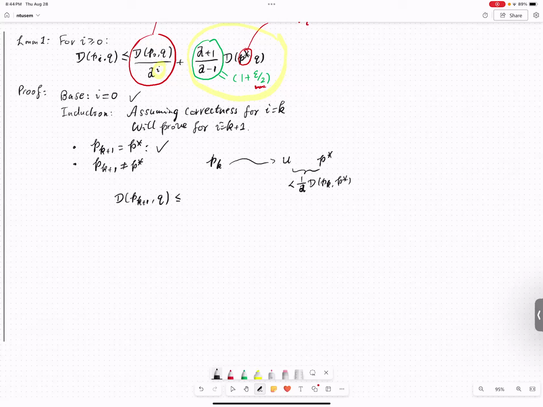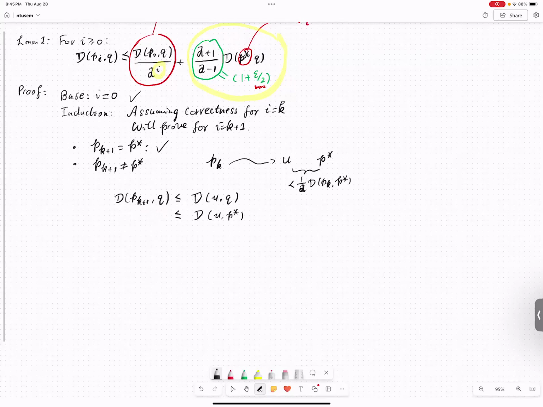First we can observe that this is less than or equal to d(u, q). Why? Because the greedy algorithm will pick the best out neighbor with respect to q. The algorithm could pick u, but it picks p_{k+1}. So the distance from p_{k+1} to q cannot be worse than the distance from u to q. That's why this inequality holds. Next we apply the triangle inequality by using p star as the bridge.